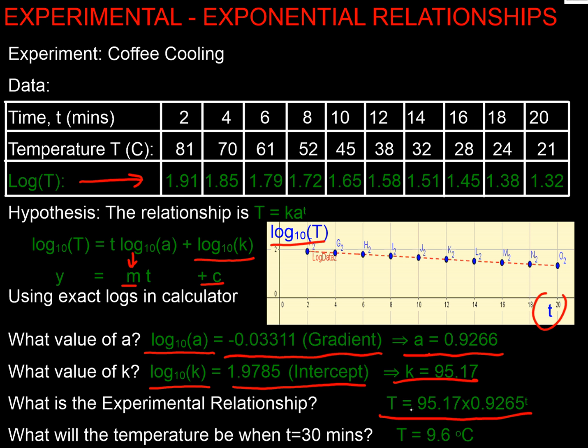T equals 95.17 times 0.9266 to the power t, and I can use that to predict future temperature. So what's the temperature going to be when t equals 30? Well, I substitute little t equals 30 into the equation, I get my temperature big T, which is 9.6 degrees C.